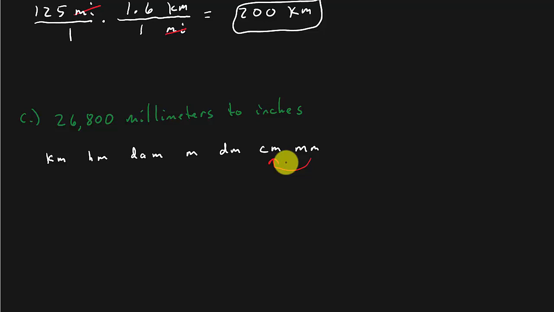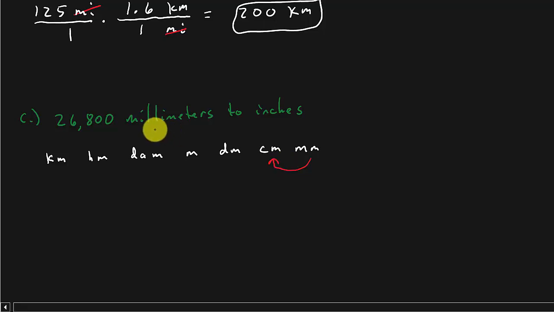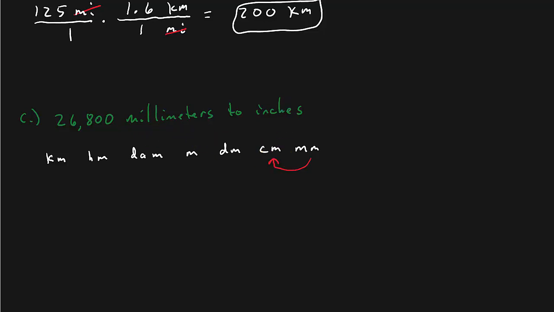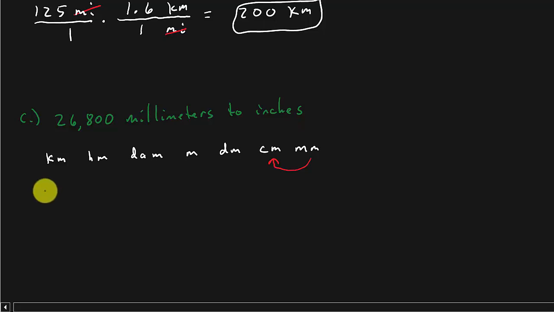So if you don't have a relationship between two measurements, you may have to convert it to something else and then convert it. Like in this case, I'm going to have to convert this to centimeters and then to inches. So now I've got 26,800 millimeters, and I need to go to centimeters.